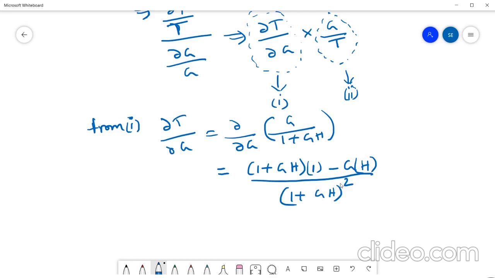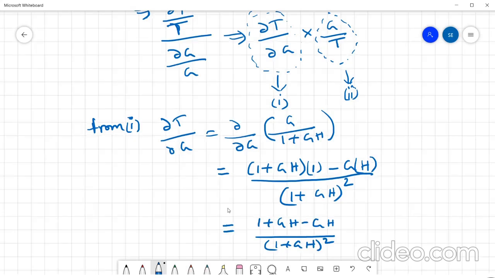Therefore, what happens? 1 plus GH minus GH divided by 1 plus GH whole square, right?